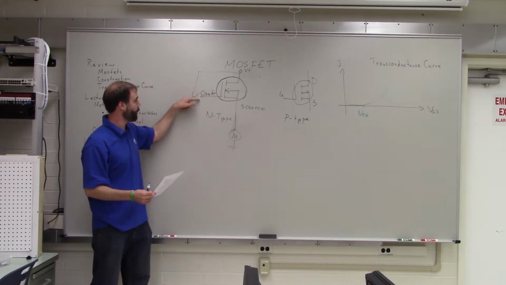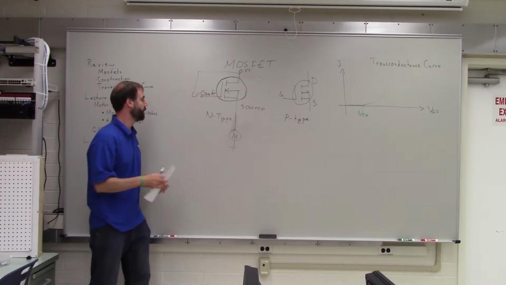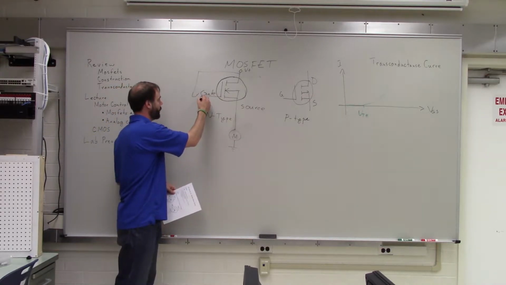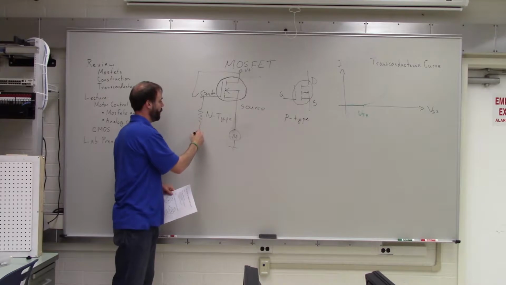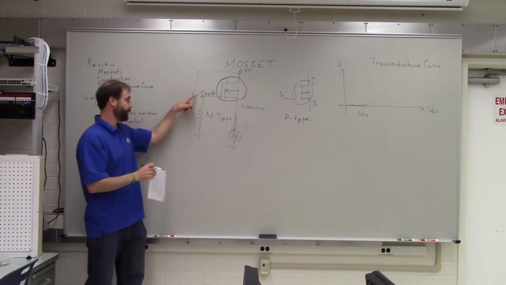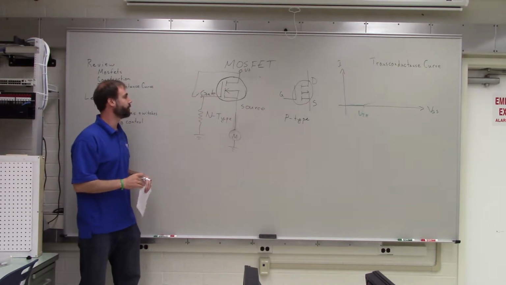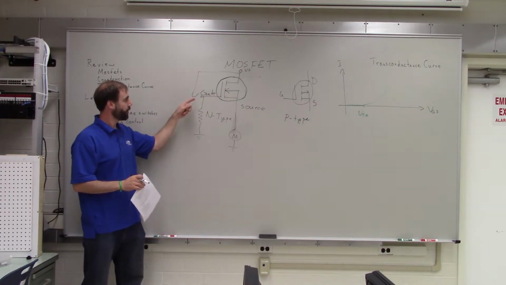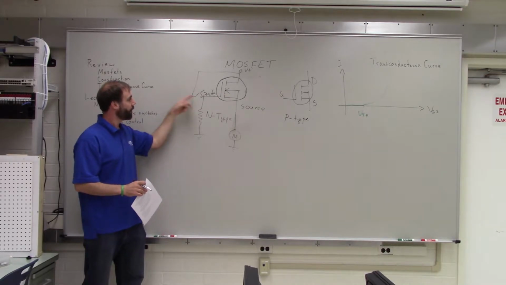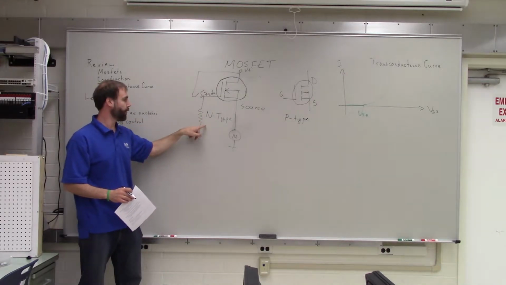If we close this switch, that's going to put a high voltage on the gate. Maybe we could have a pull-down resistor here going to ground, so that when the switch is open, the gate voltage gets pulled low. So this gate would either be getting a very high voltage or a very low voltage.